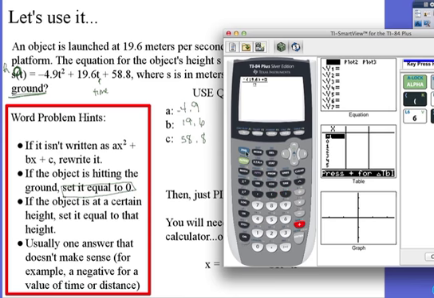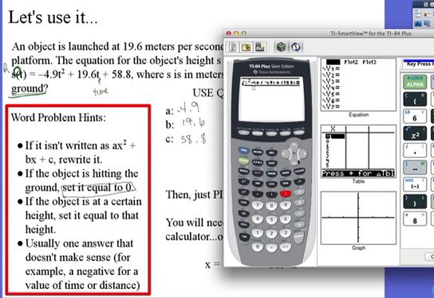Plus, then I need to do the square root, and in parentheses, b squared, 19.6 squared, minus 4 times a, which is negative 4.9, times c in parentheses, 58.8.